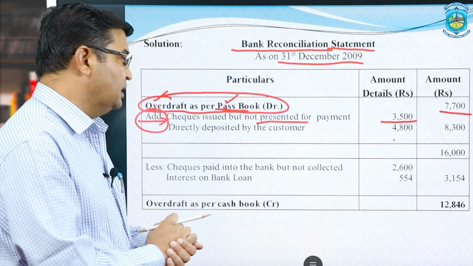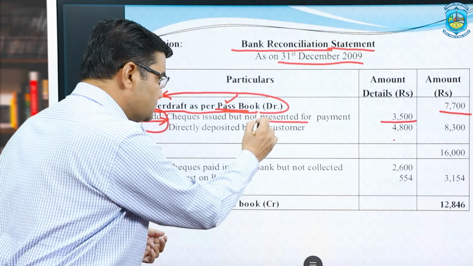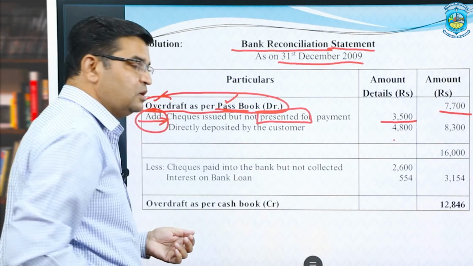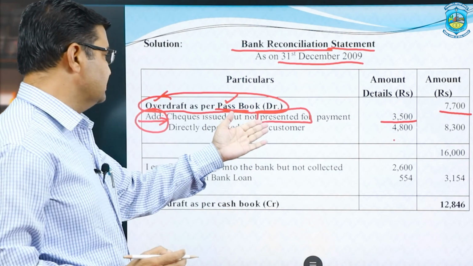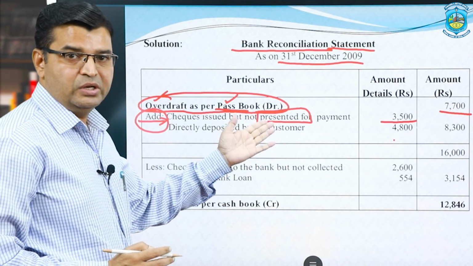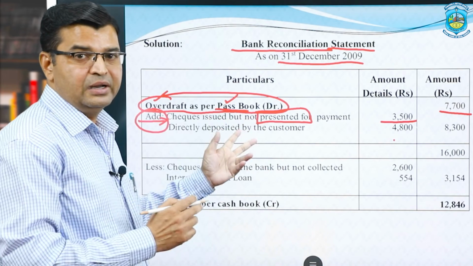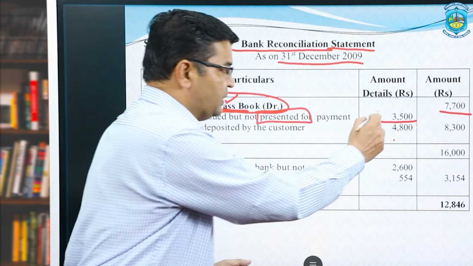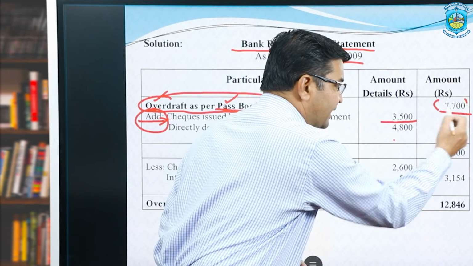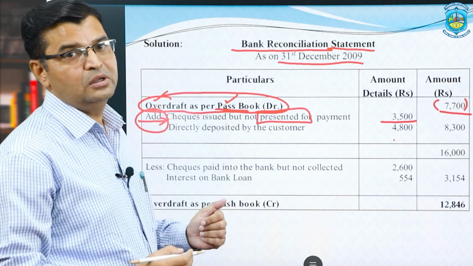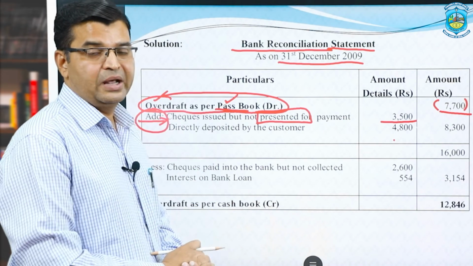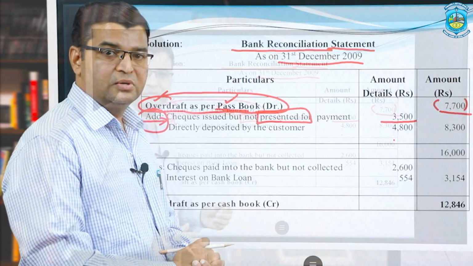Opposite means these checks which have not been presented for payment should actually be subtracted, but here they will be added because this balance is given as negative balance. That is called unfavorable balance of the passbook.